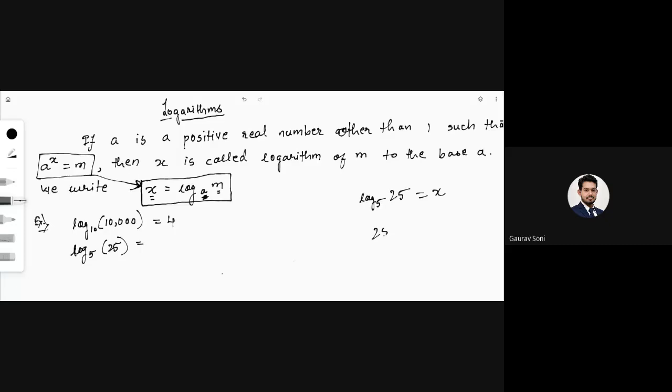So 25 will be equal to, what will happen on the other side? 5 raised to x. So what power of 5 will be 25? 2.